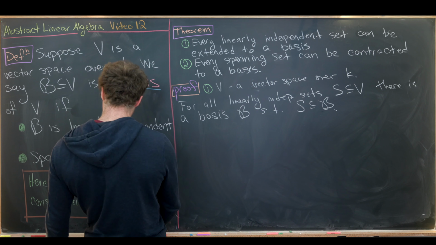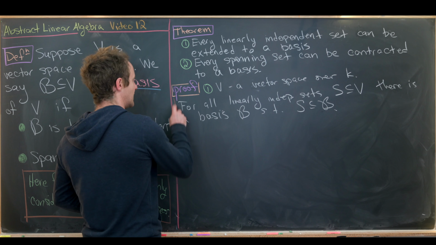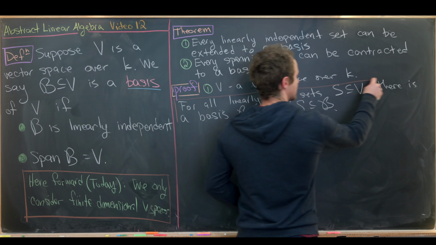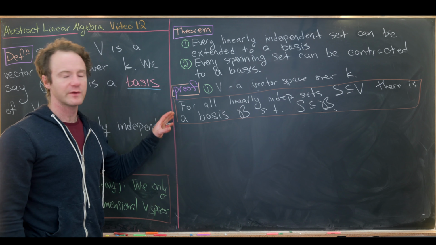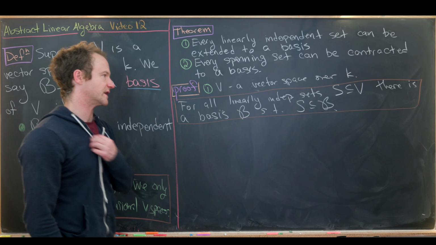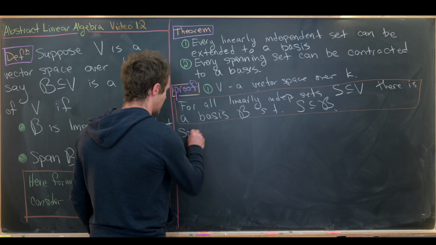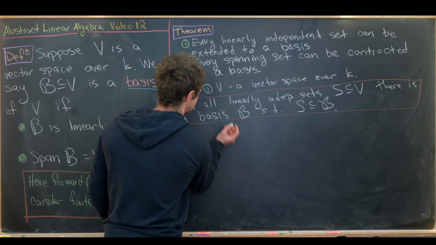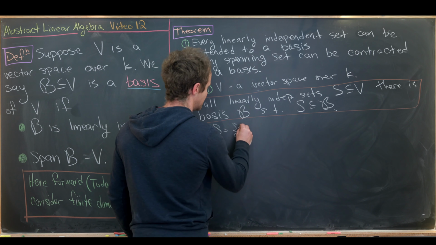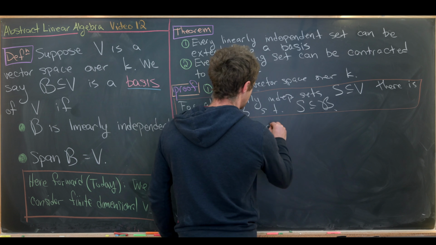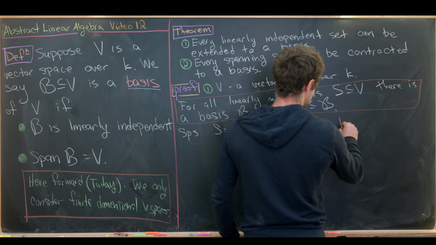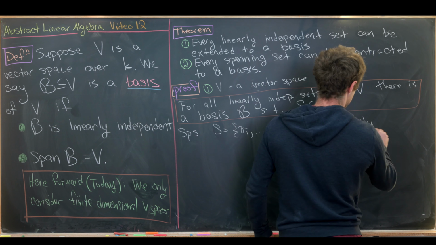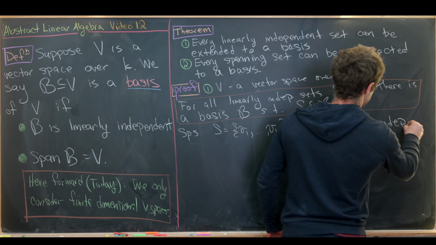So let's maybe just put this in a box. And this is just rewriting that number one. Okay, and now that we've rewritten number one, we can get to proving it. So let's suppose that we have a set, I'll call it S, which is V1 up to Vm, a subset of V, that is linearly independent.